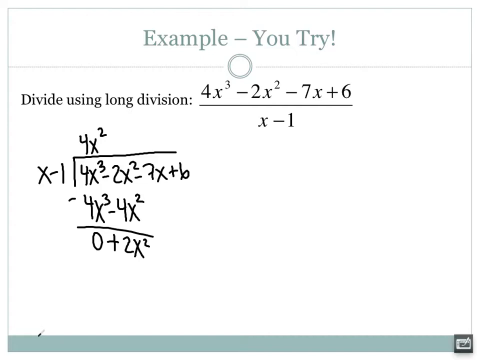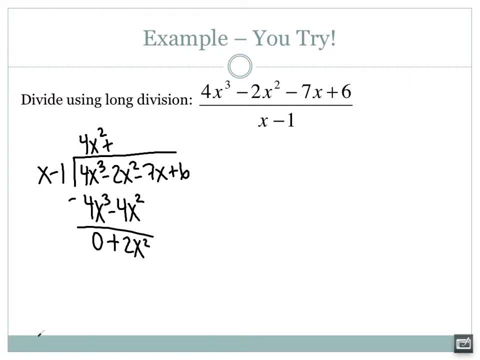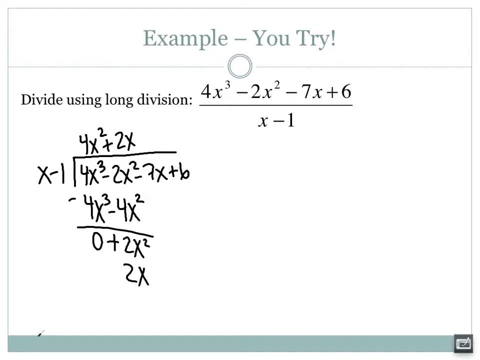2x squared divided by x is 2x. Sorry, I'm having a little technical difficulties. Okay, 2x, multiplying, I get 2x squared, subtract 2x.